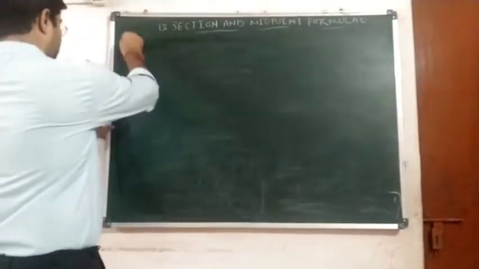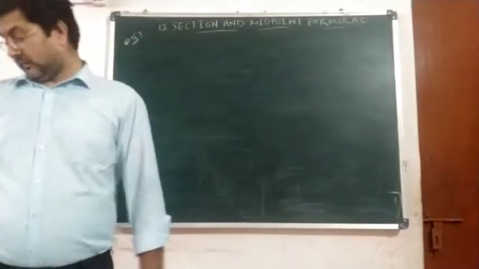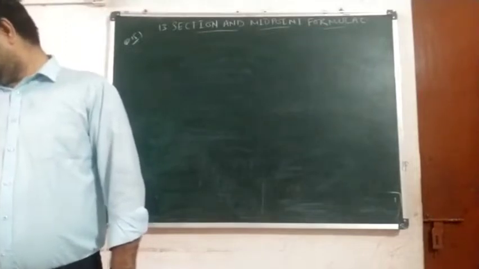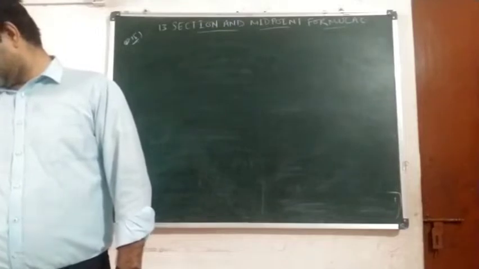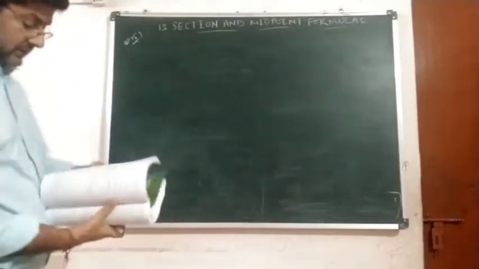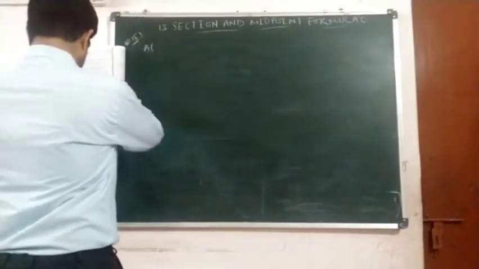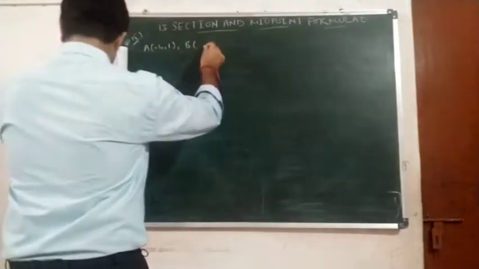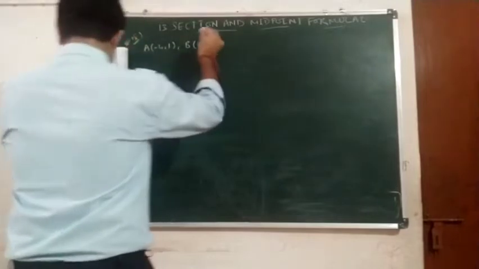Okay, question number 15. It is given that point P divides the join of AB in the ratio 1:2. A has coordinates (-4, 1) and B has coordinates (17, 10). Coordinates of A are (-4, 1) and coordinates of point B are (17, 10).